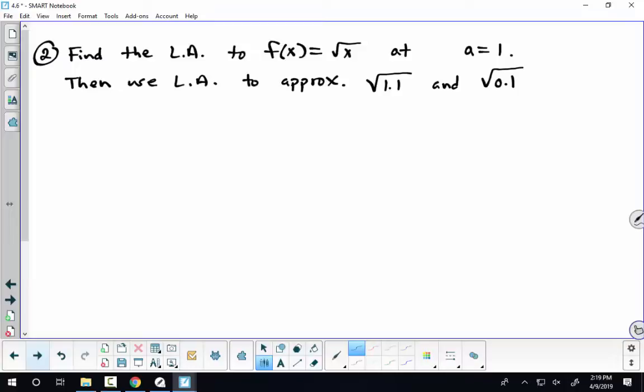So that's like part A, and then part B and part C, if you will, are going to be to use the linear approximation to approximate the square root of 1.1 and the square root of 0.1. So I'll go ahead and write the actual values for these.